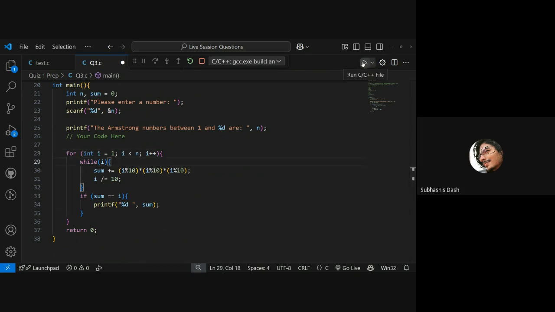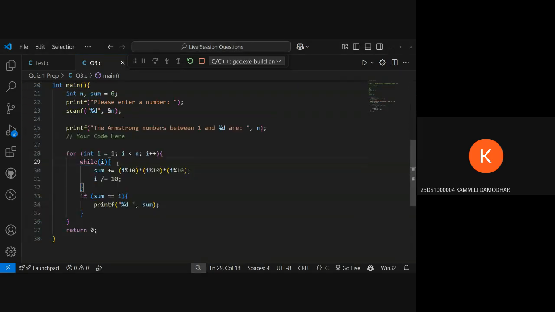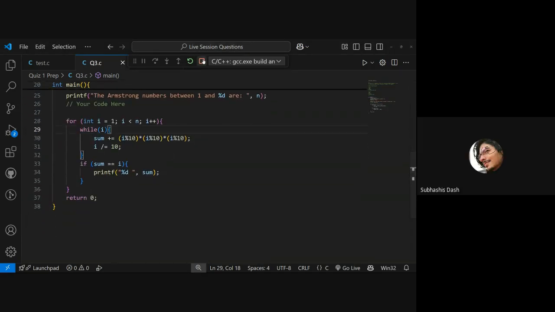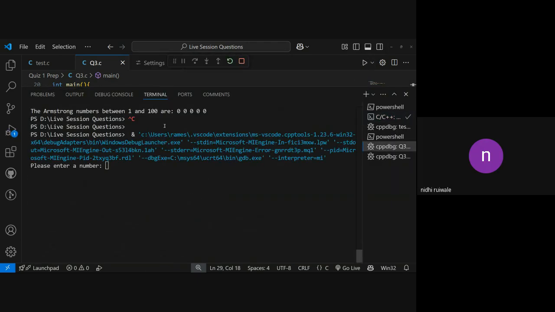Yeah. So we'll simply put that i into some n value or any other variable like temp. I don't really know why it's acting like this. I think we need to add increment in the while loop. It's fine.